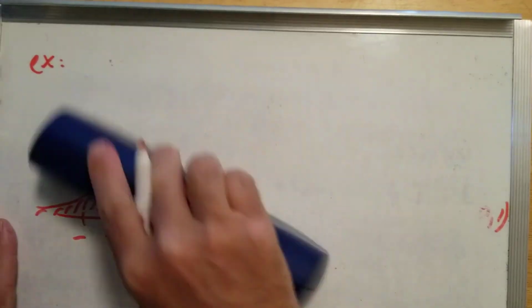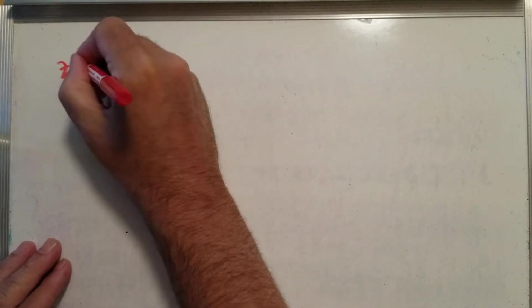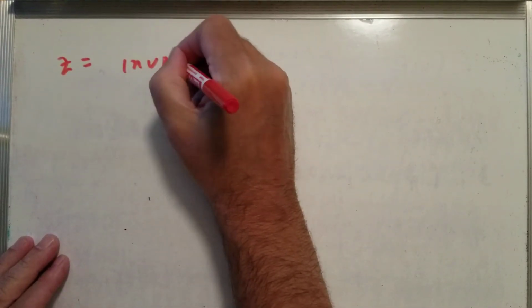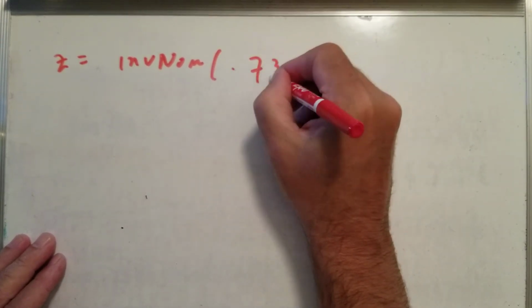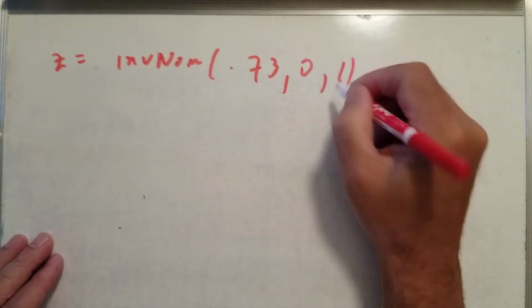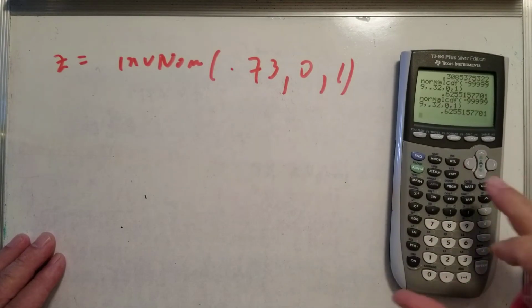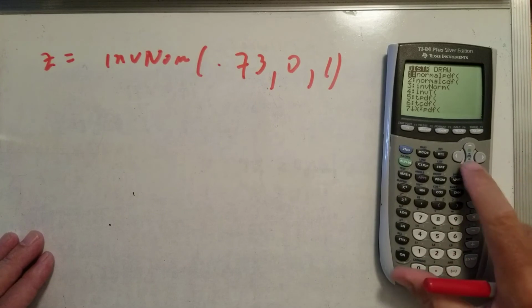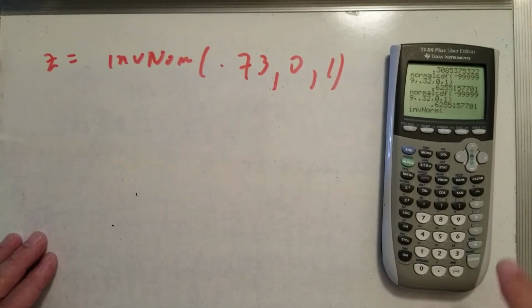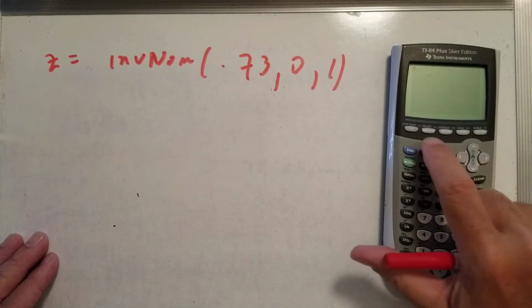So for this example, the z is going to be invnorm. The area to the left is the 0.73. The mean is 0, the standard deviation 1. And on the calculator invnorm, it's the distribution that's right underneath normal CDF. Let me clear this out so you can see.